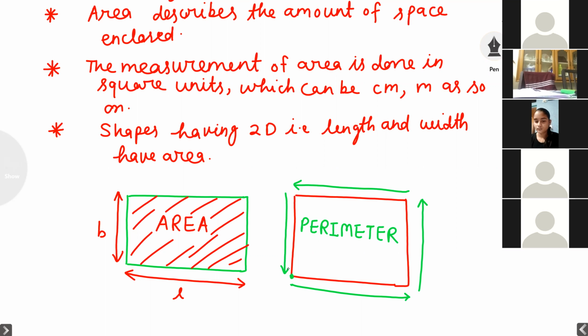This is perimeter. Don't fill inside. Inside means that is area. In the case of perimeter, I only write all the four sides.